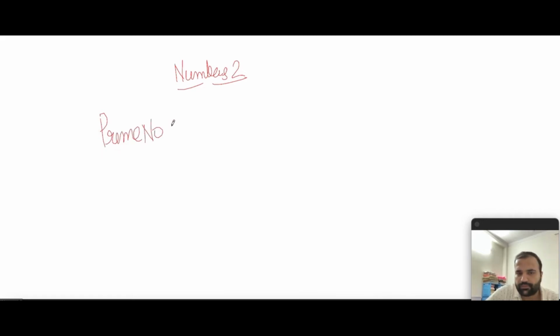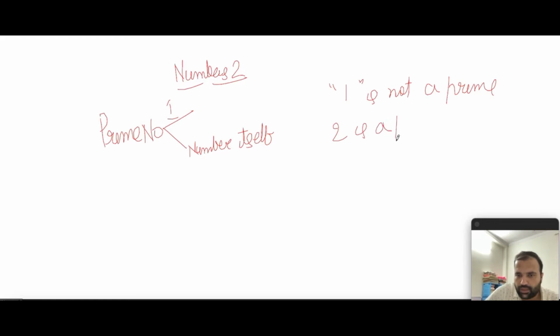Prime numbers have a very unique feature. They have only two factors: one is the number 1 and the second is the number itself. Now also remember that number 1 is not a prime. 2 is a prime number.